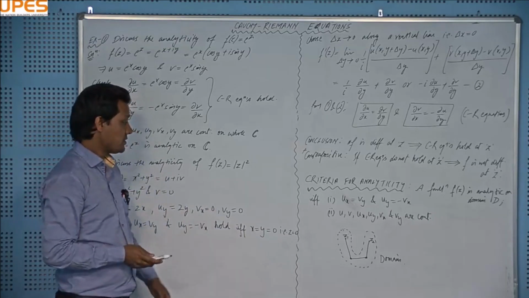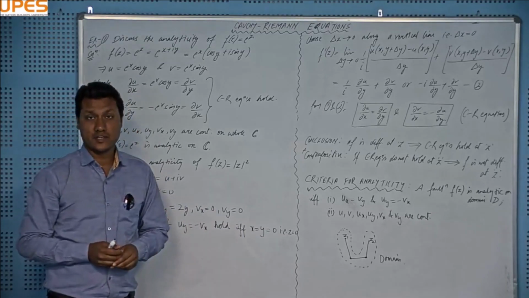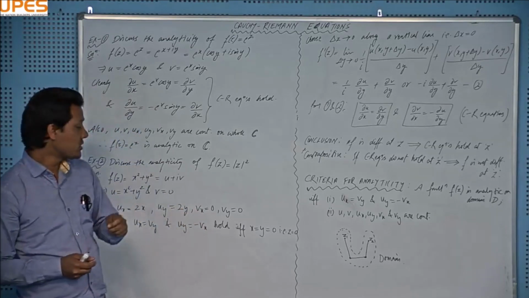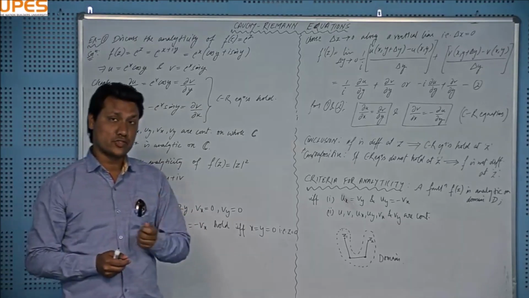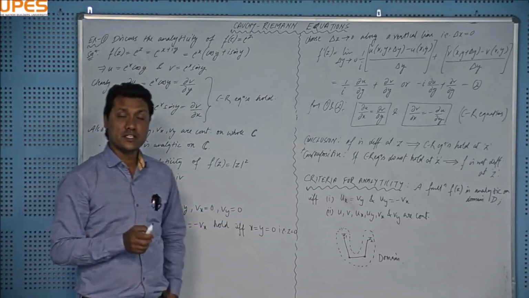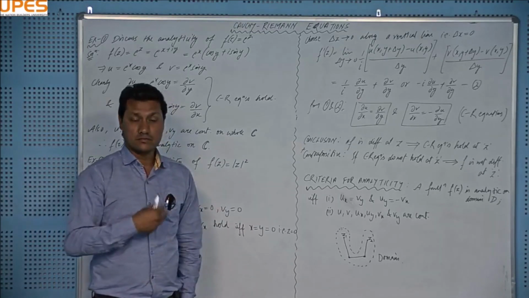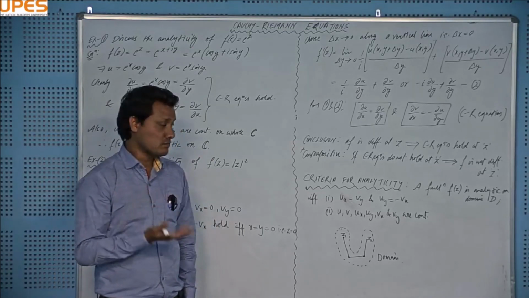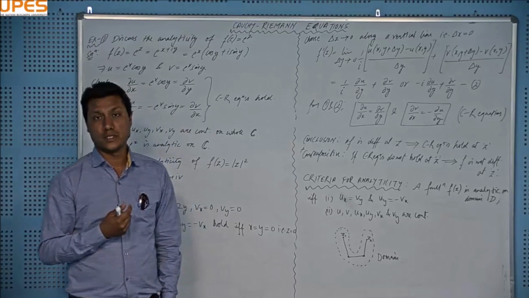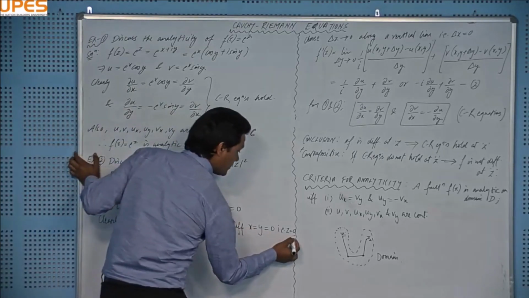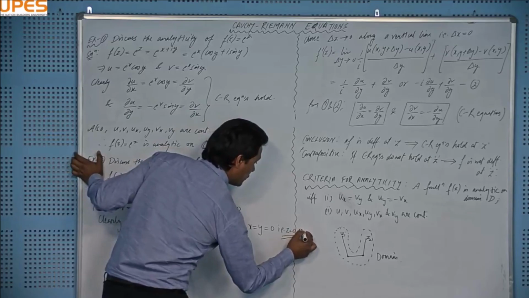But if analytic behavior of a function is true for only one point, then you cannot say that the function is analytic. You will have to say that the function is differentiable at z equal to 0, because differentiability is a point property, while analyticity is a neighborhood property. The CR equations are holding at only one point, z equal to 0.